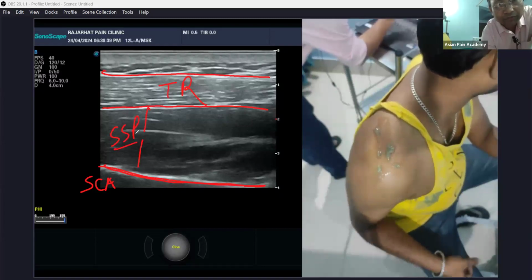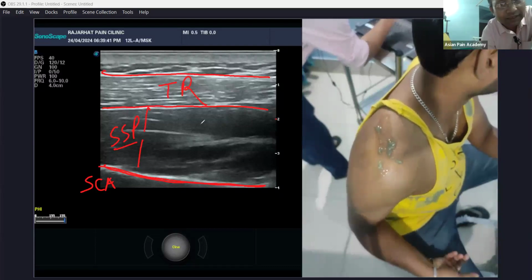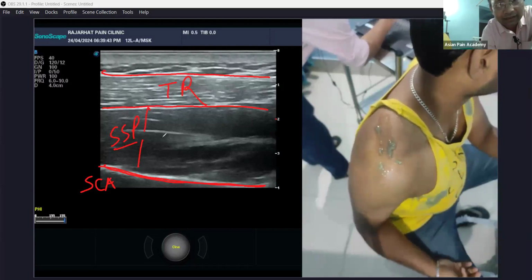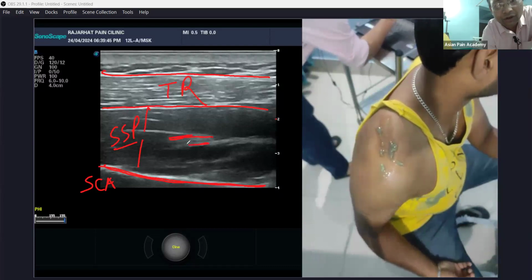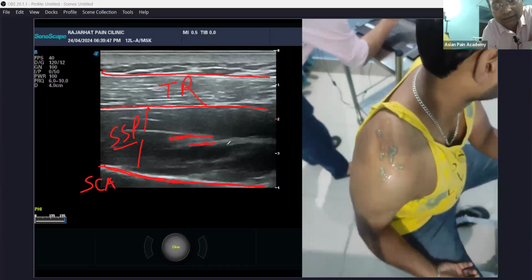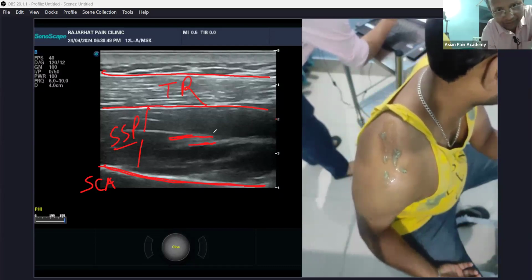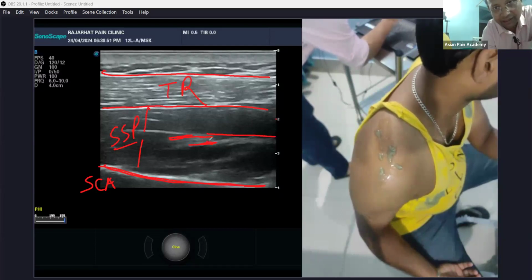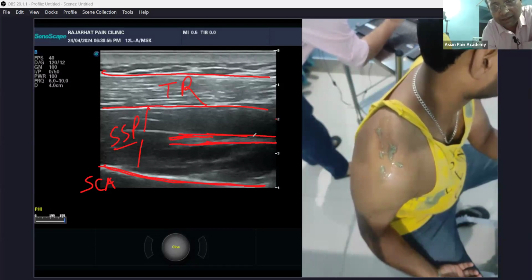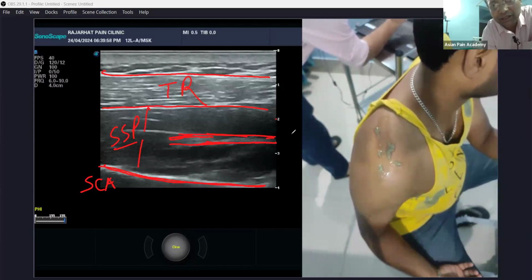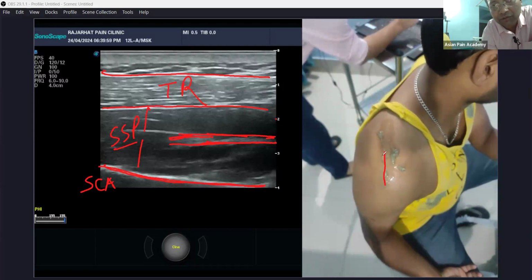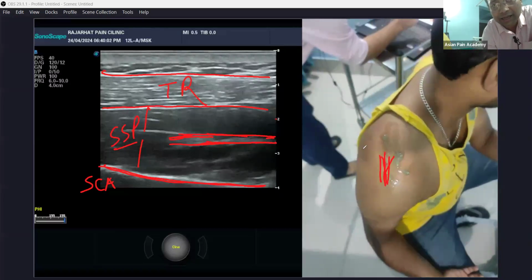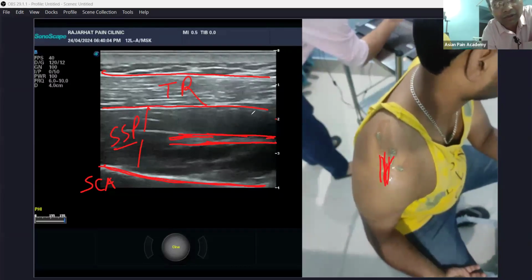Okay. Now, someone may say that there is another white line there. Why is it not another muscle? So, remember, this is the tendon formation. This is the central tendon formation of supraspinatus. This will only become the actual tendon and come out under the acromion when these muscles are not there.